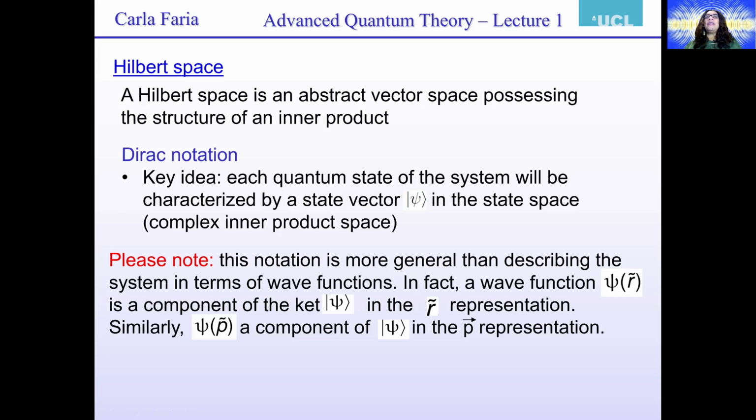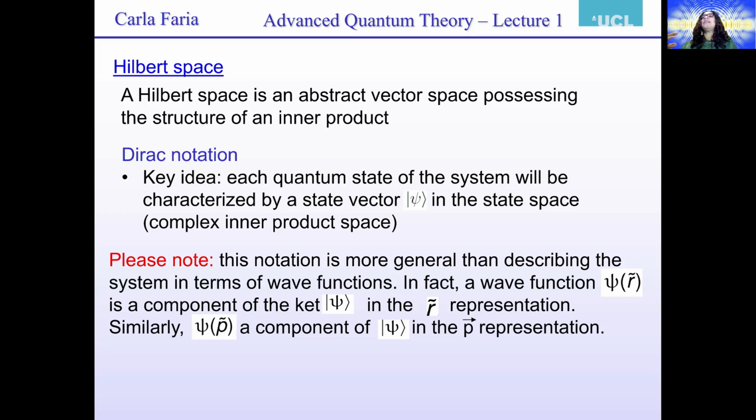Now, we know this Dirac notation, and one important point here, because I see a lot of people get this wrong, is that this notation is more general than describing the system in terms of wave functions, because we're going to see later on in our course that a wave function is a component of this ket psi if you take wave function psi r in the R representation, and if you take the wave function psi p, it's a component of this vector psi in the P representation.